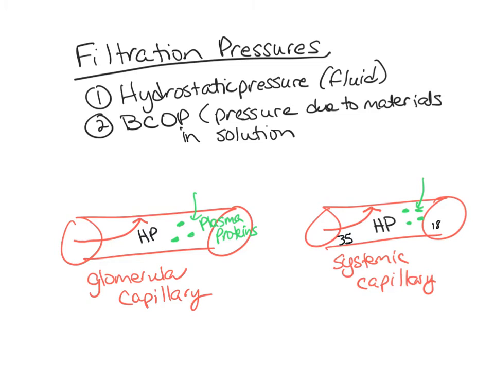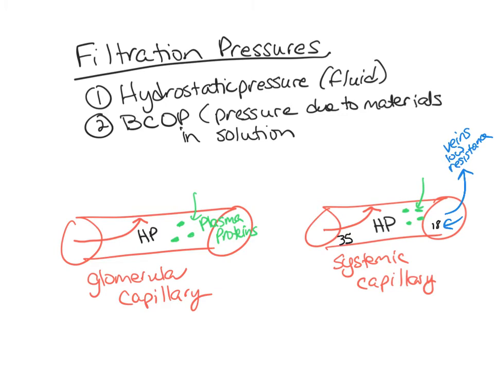It's fairly low, and the reason for this is that the veins actually have low resistance. So there's not going to be a lot of blood backing up into those systemic capillaries to increase the pressure. Blood tends to flow pretty easily into those veins.